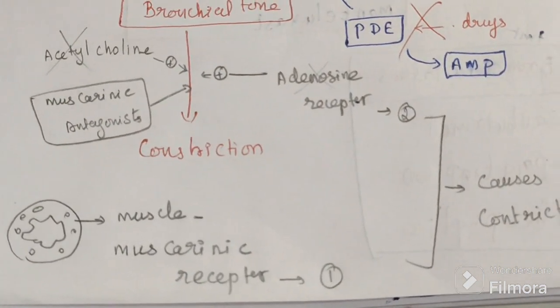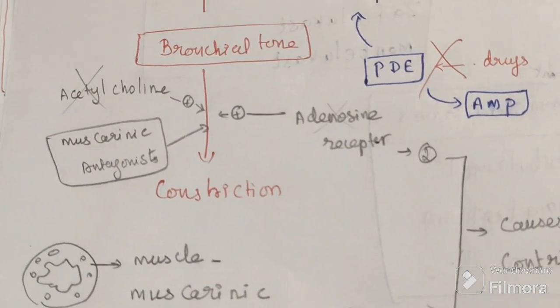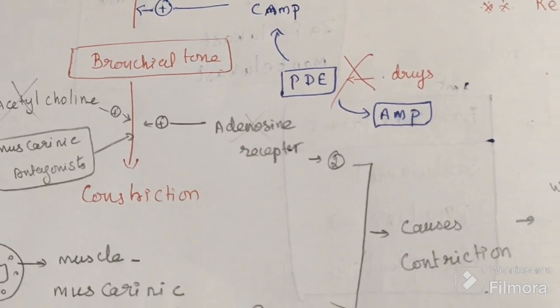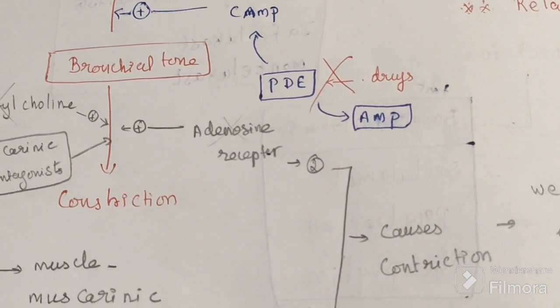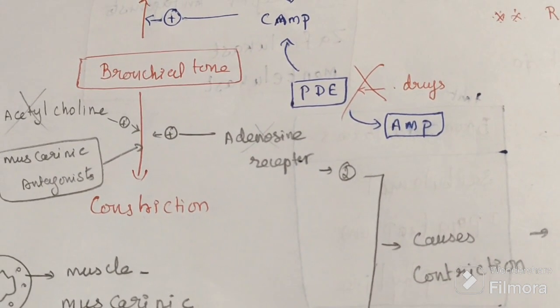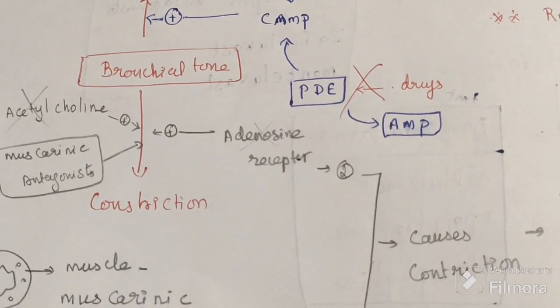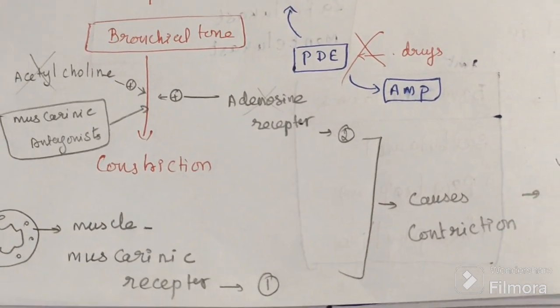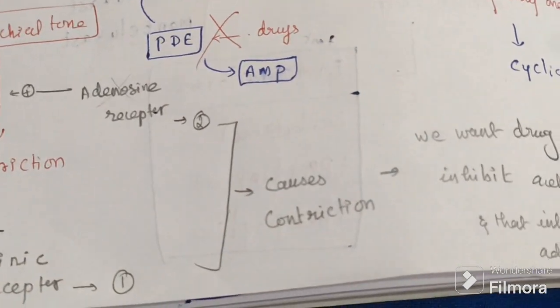Adenosine receptors are also present, and adenosine causes contraction. Adenosine and muscarinic both cause contraction.